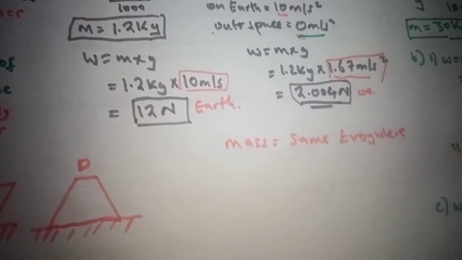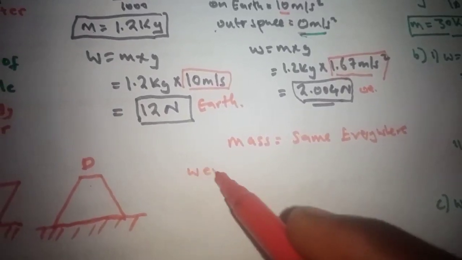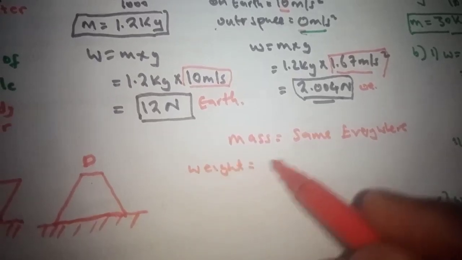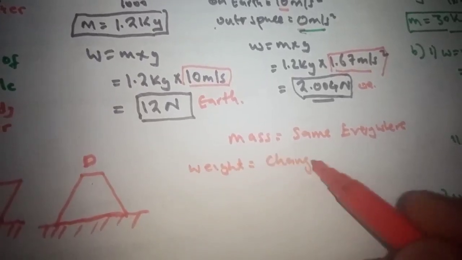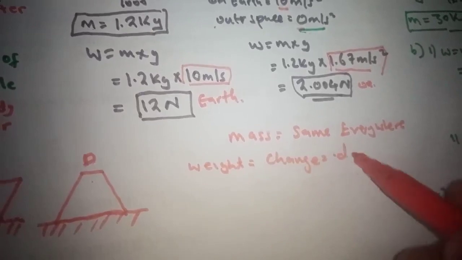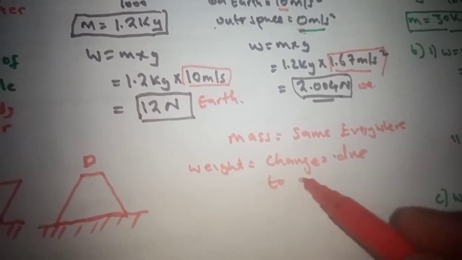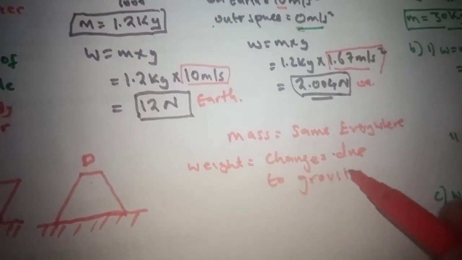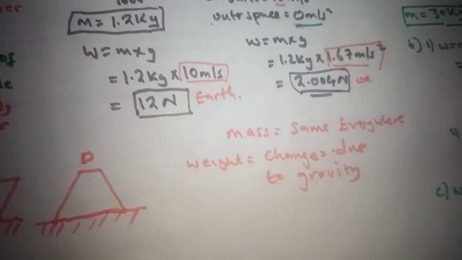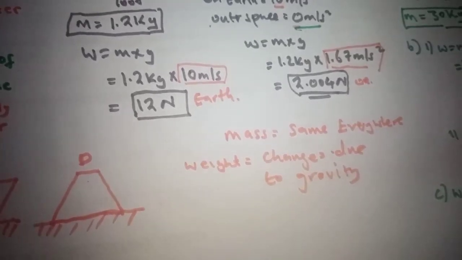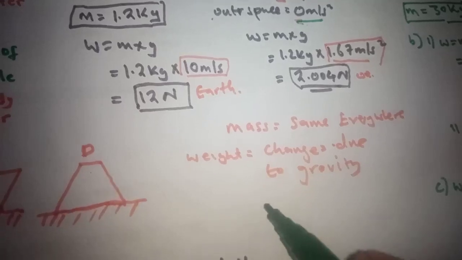Mass is the same everywhere, but weight changes due to gravity. The weight will change due to gravity, and that's the formula.